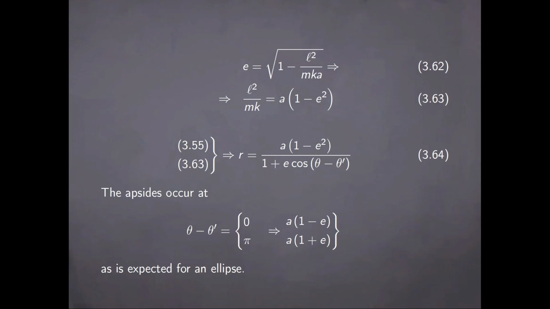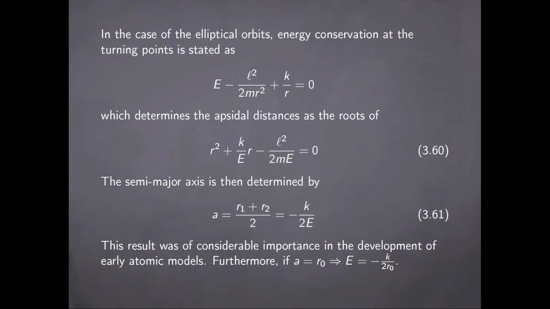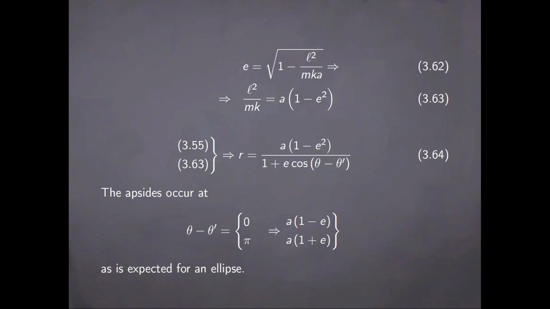Now, using the result here, we can rewrite the eccentricity for the case of elliptical motion as given here, and we can solve this equation for L squared over mk in order to obtain this result.